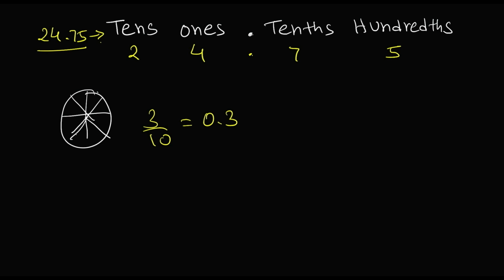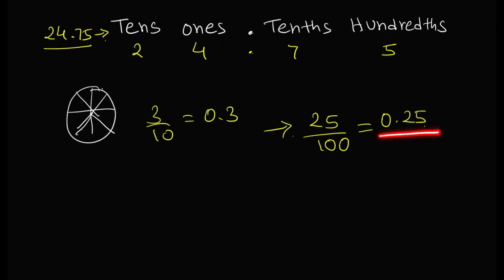If the pizza is divided into 100 equal pieces and you eat 25 pieces, then it becomes 25 by 100, equal to 0.25. Decimals and fractions tell the same story in different ways.